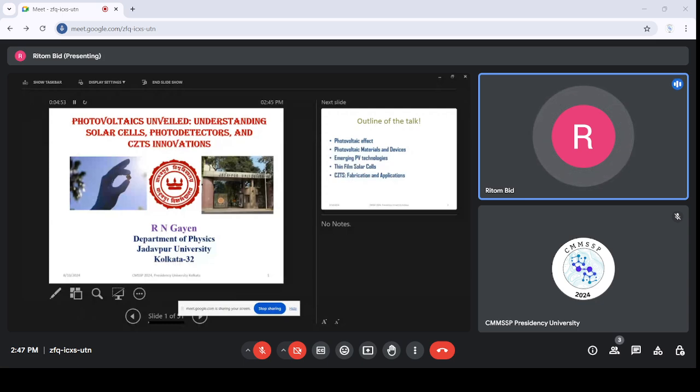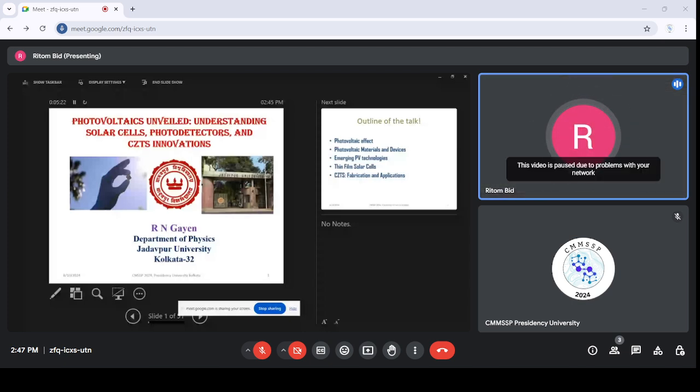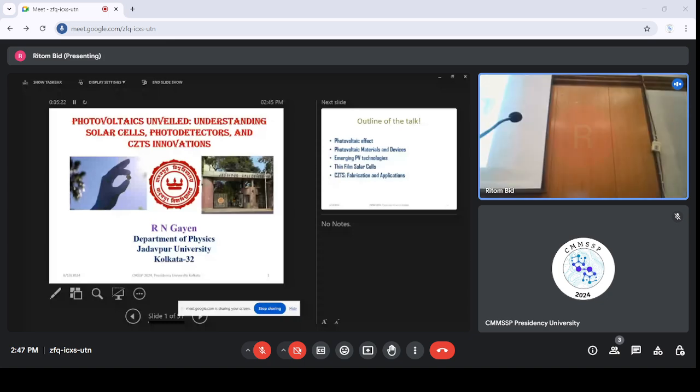So today I will talk about some basic phenomena that all of us are aware of. That is the photovoltaic effect. From our school days, we know about this. Now, how these photovoltaic effects are used in devices like solar cells and other photodetectors. You know that any kind of technology basically depends on the properties of the materials.